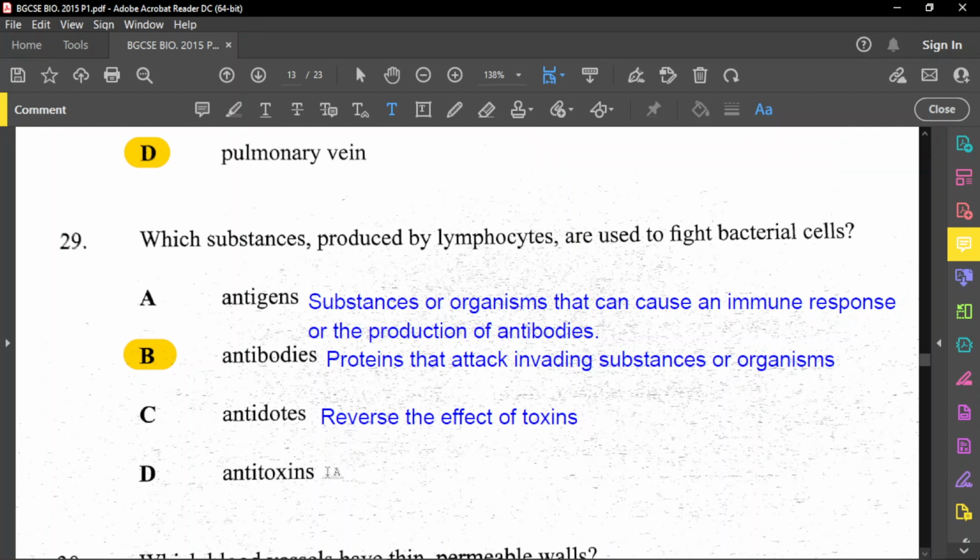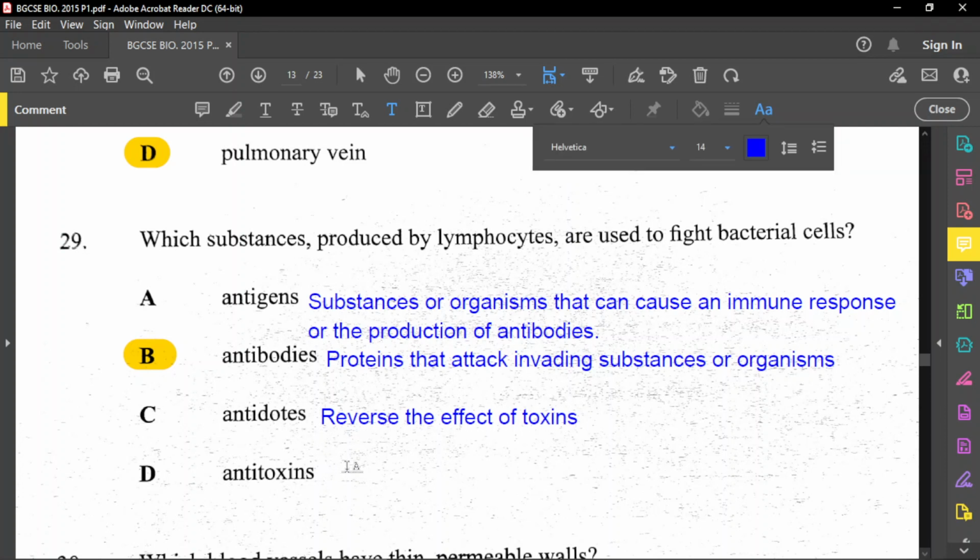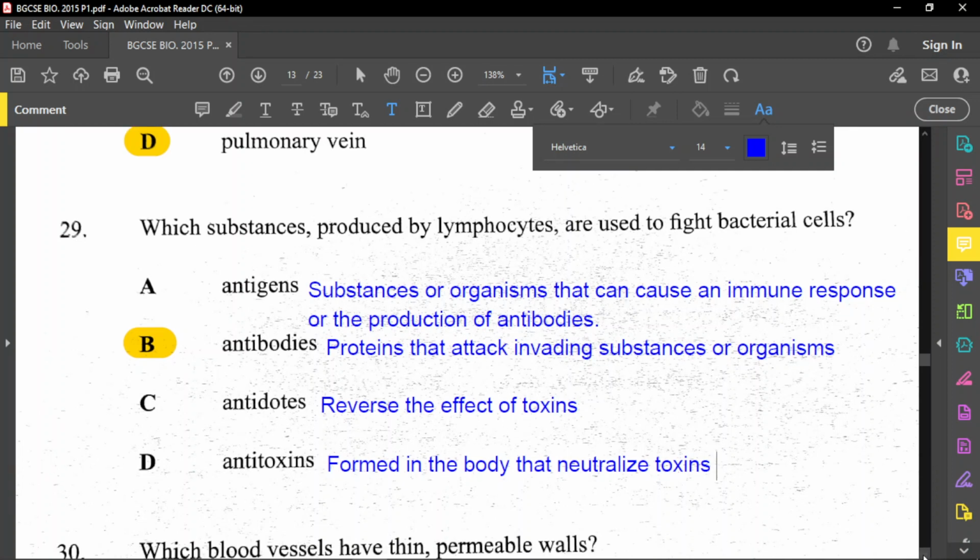Antitoxins are similar to antidotes, but the difference is that they are generally formed in the body and neutralize toxins. Antidotes don't necessarily form in the body. We use them to reverse the effect of toxins. Antitoxins are formed in the body and neutralize or reverse the effect of toxins. So that's to point out those.